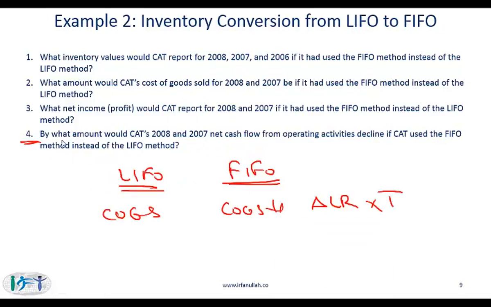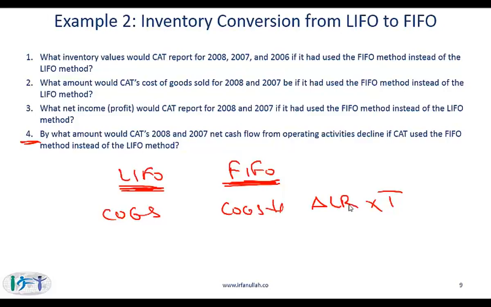So some of you might be confused by the explanation I just gave, so I'll just very quickly summarize what we are talking about. There is a certain LIFO COGS that is reported. Under FIFO, the COGS is going to be lower, but lower by how much?